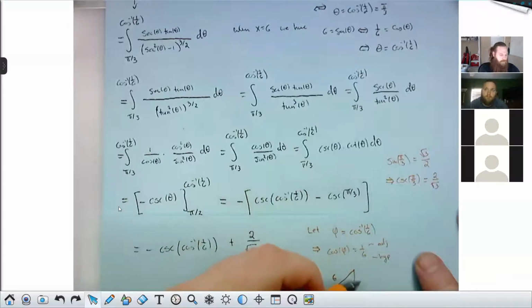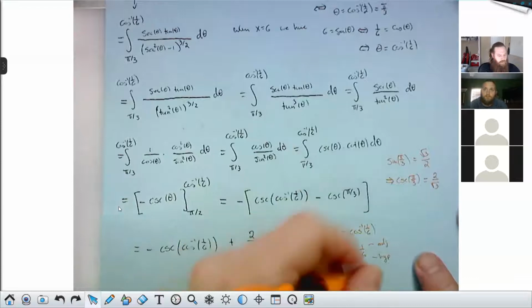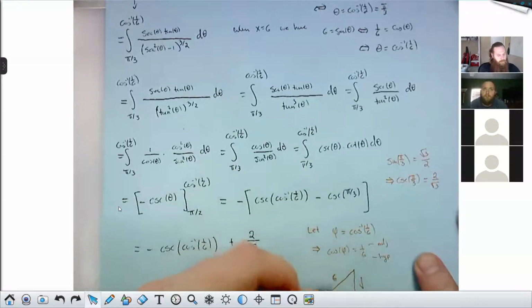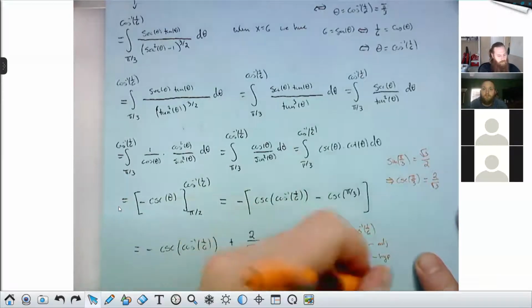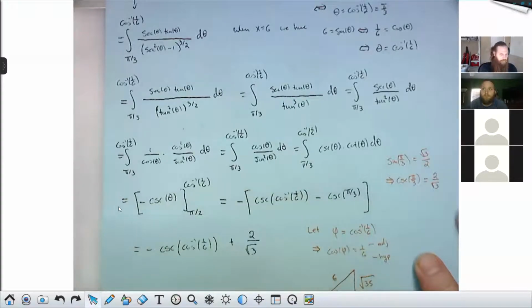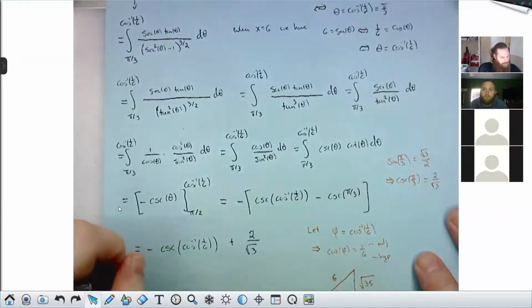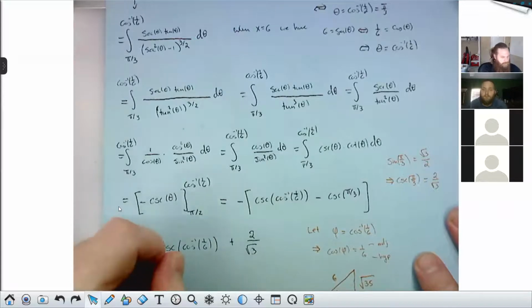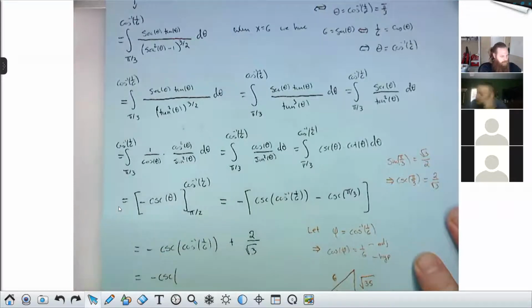So this squared plus this squared equals this squared. So this guy is the square root of 6 squared minus 1 squared, or the square root of 35. So now what I'm after, remember, is the cosecant of the inverse cosine of 1/6. Well, the inverse cosine of 1/6, that is this angle phi.